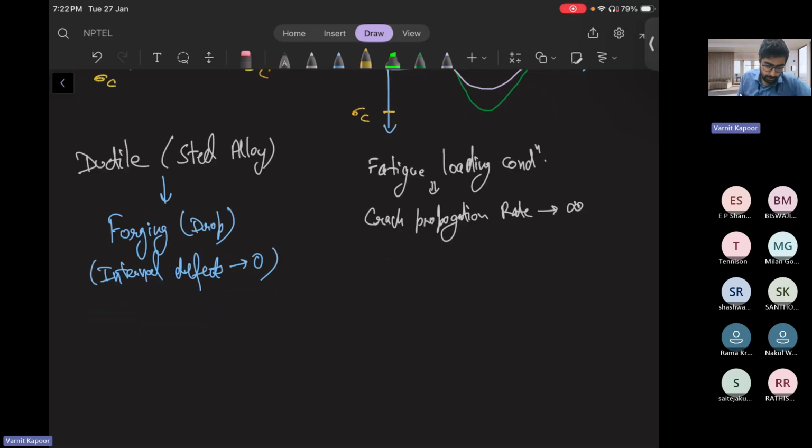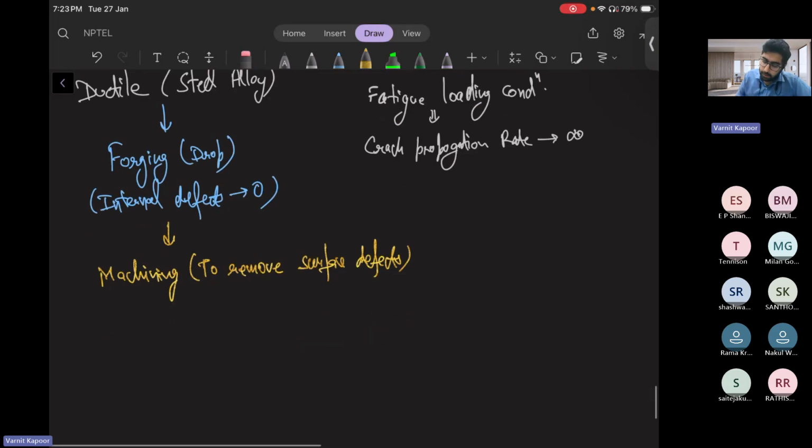And finally, after machining to remove surface defects, you are achieving very high strength.